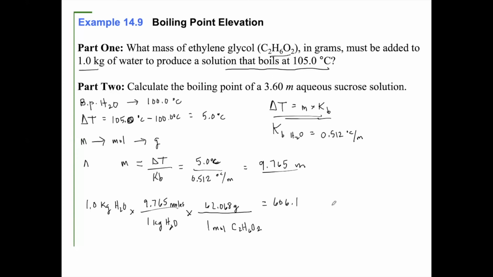So it's about 606 grams, but since we're staying true to our significant figures, for part 1, we have 6.1 times 10 to the second grams of ethylene glycol in 1 kilogram of water. And that would cause the solution to boil at 105 degrees.